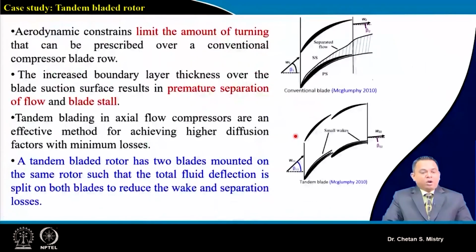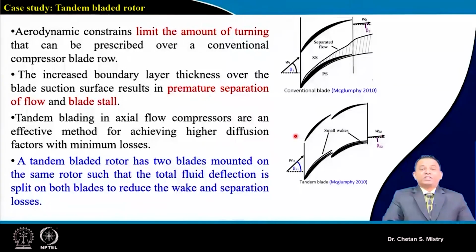Okay. Now let's move to our next case study. We have discussed the present trend, it is looking for compact and lightweight compressors. Compact in the sense the length and diameter need to be smaller, lightweight in the sense number of components need to be lower, and in order to achieve those requirements, per stage pressure rise requirement will be very high.